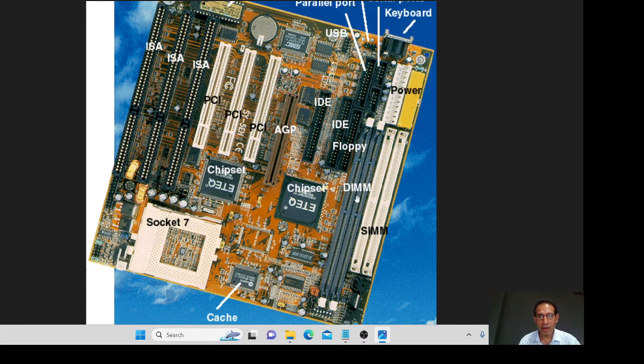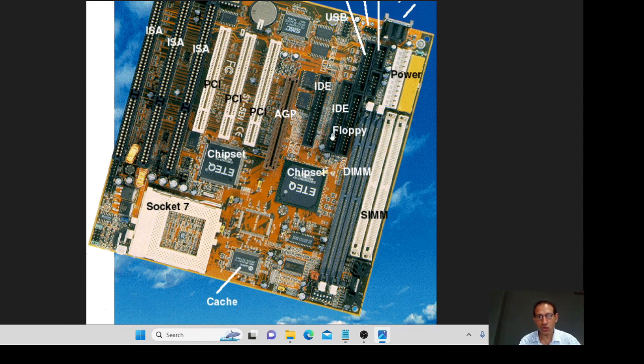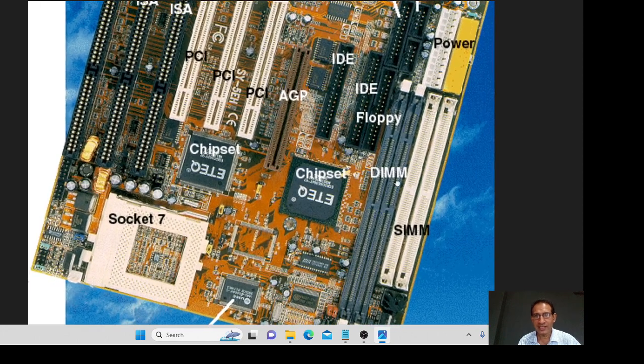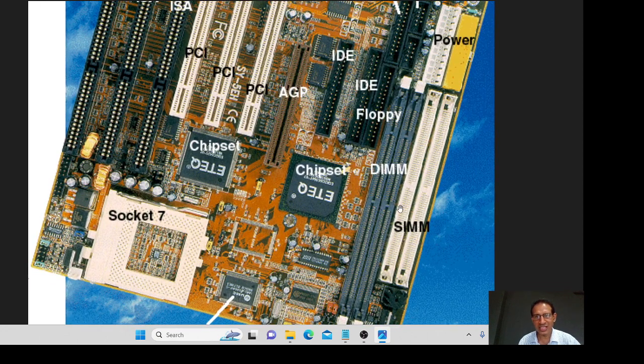So the memory, the RAM slots: there are two RAM slots in all types of Socket 7 processor motherboards. One is DIMM, another one is SIMM. SIMM is single inline memory module. It's an old memory type, and it's very hard to find these days.